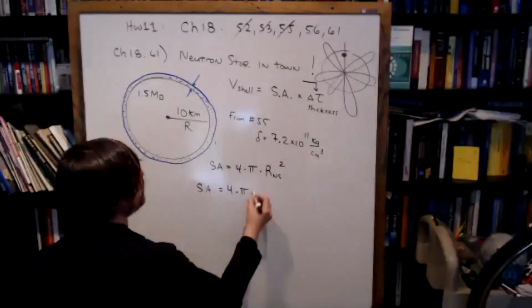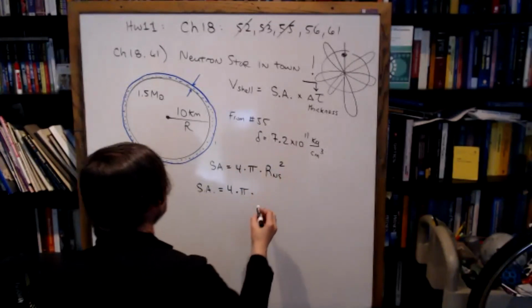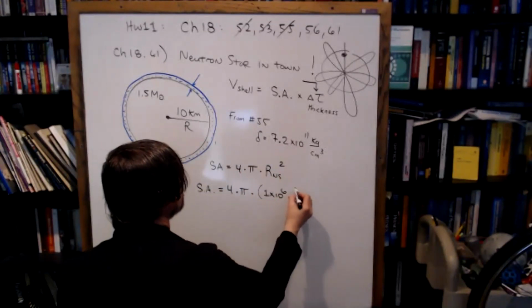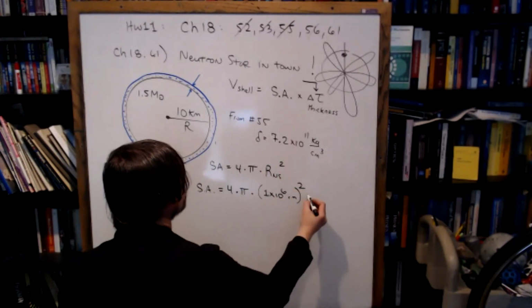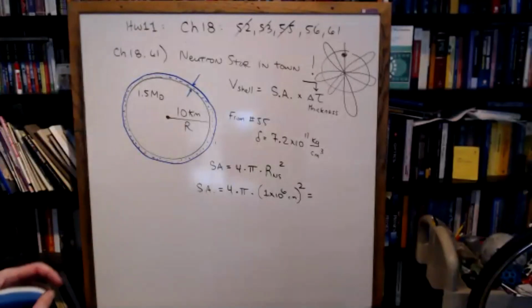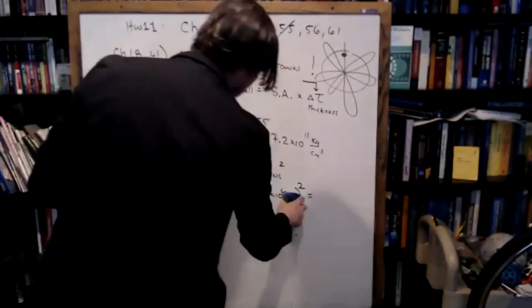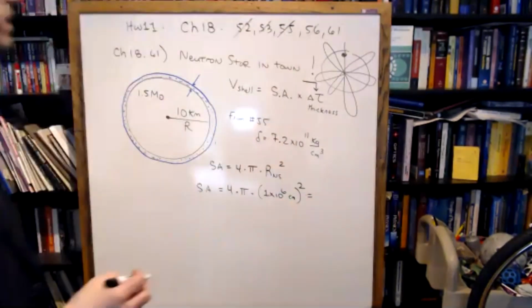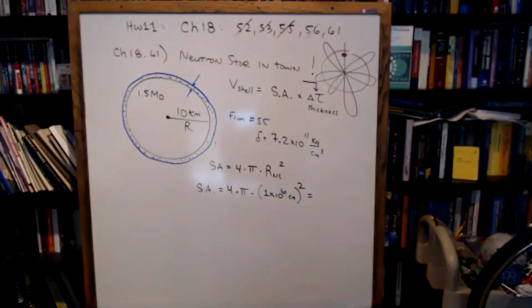From problem 55, what does 10 kilometers come out to be in centimeters? I think it was like 1,000,000 centimeters, right? No, just regular centimeters. It's a linear dimension. Anyways, punch that up.